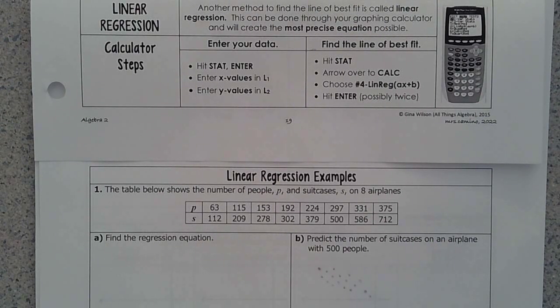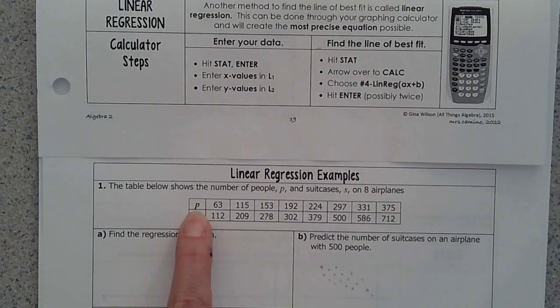Maybe more people would be more suitcases, and fewer people might be fewer suitcases, but we really want to know exactly how many. In my table of data, P is my x value, the number of people on the plane, and S is the number of suitcases on the plane.